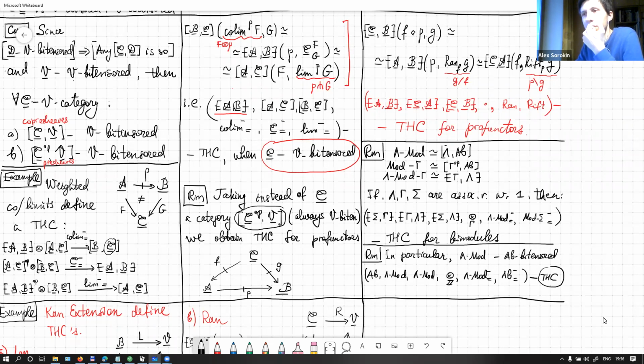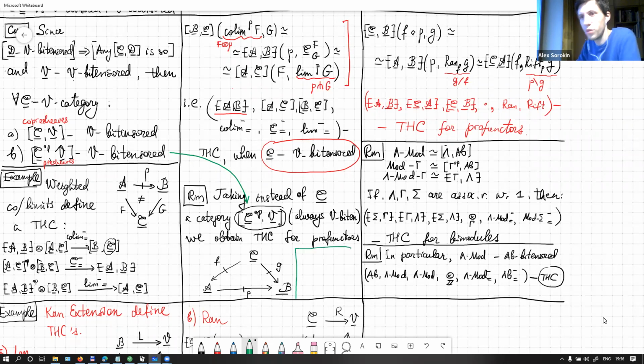And we just have found that the category of presheaves is bitensor. Okay. So I'm substituting C with C op to V, with my presheaves, and obtain Tensor-Hom-Cotensor for profunctors.